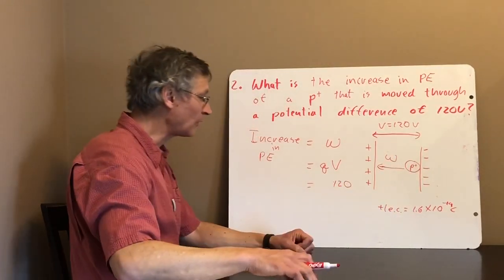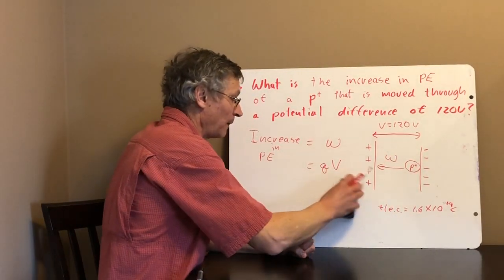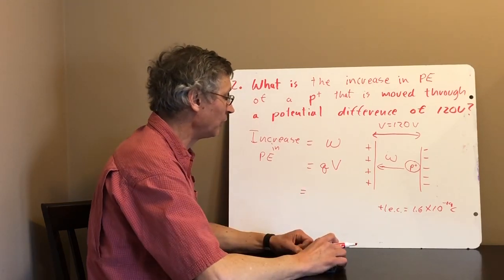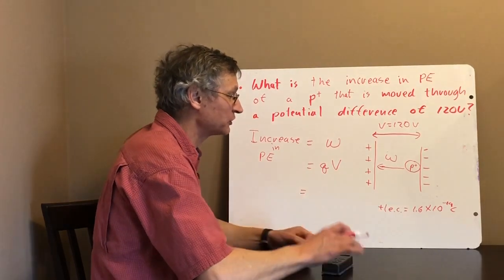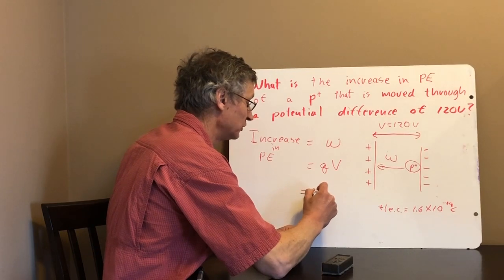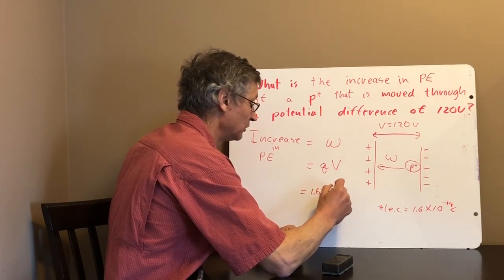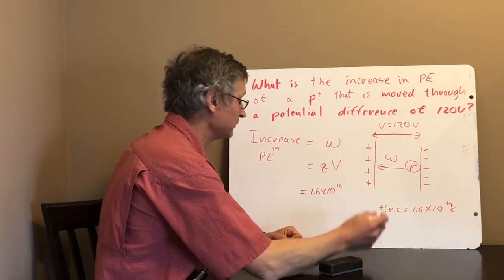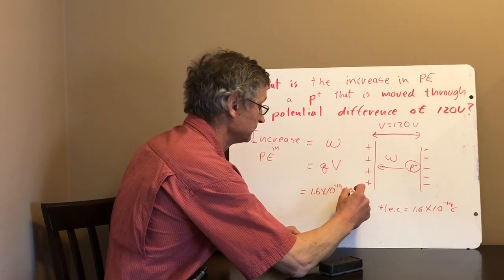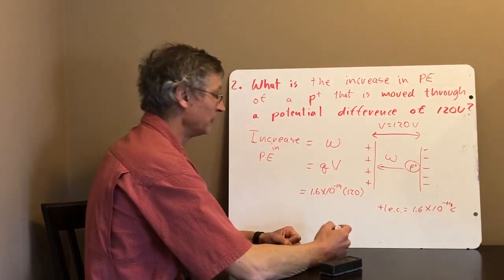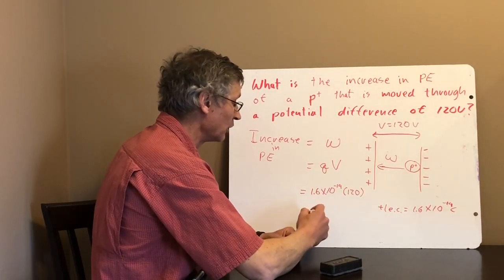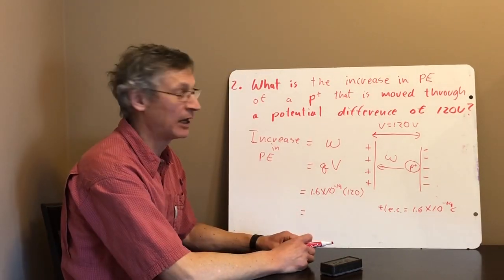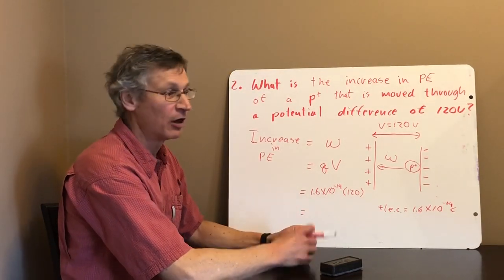So basically, now we're ready to figure this all out. Our charge is 1.6 times 10 to the minus 19 coulombs. Our potential difference is 120 volts. You grind that through your calculator, and to tell you the truth, I don't have a calculator handy around here.